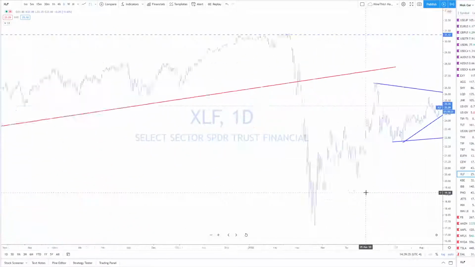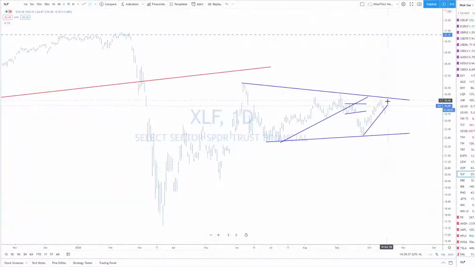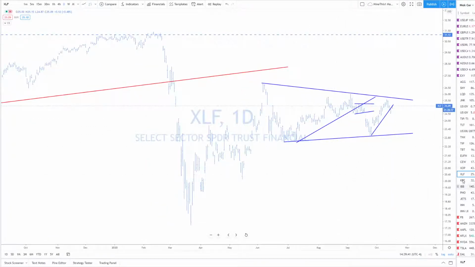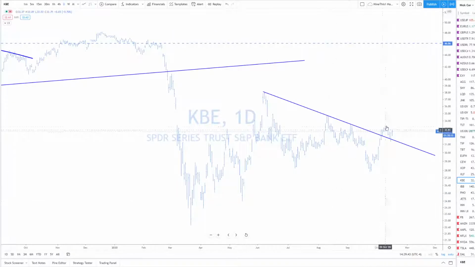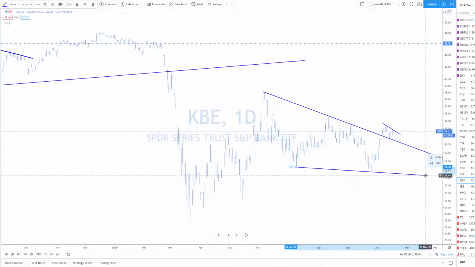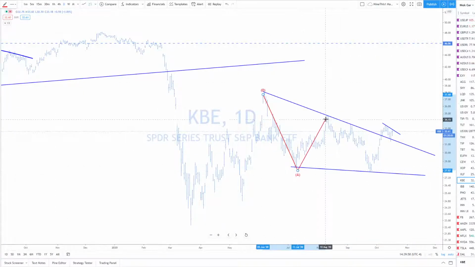XLF popped higher. It broke down, didn't do a very good job. Okay. KBE popped up and above, not doing a good job. But it is a structure above a structure. Okay. We'll identify it real quick. Okay.